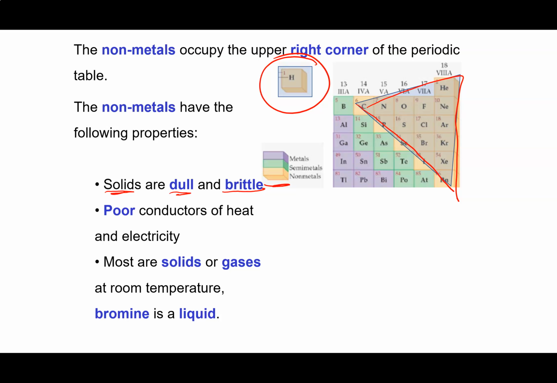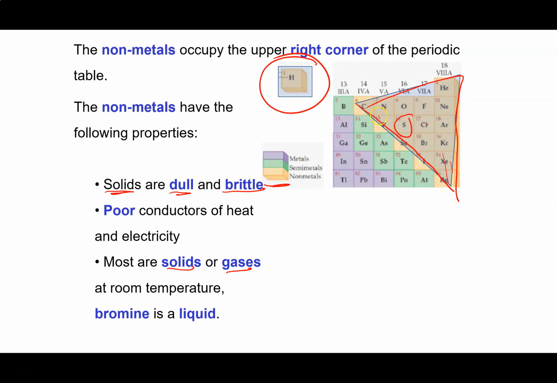We're not going to be making pots and pans out of sulfur or oxygen or something like that because they're really bad conductors of heat. Most of the non-metals are either solids or gases, but bromine is a liquid. So we see quite a few gases in here: nitrogen, oxygen, fluorine, chlorine, and everything in group 8A is a gas.